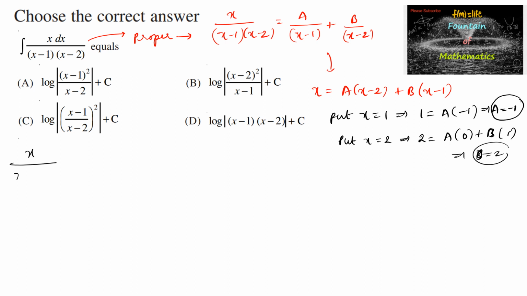So we can write x upon (x minus 1)(x minus 2) is equal to minus 1 upon x minus 1 plus 2 upon x minus 2.